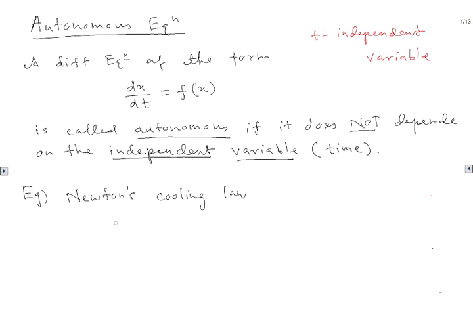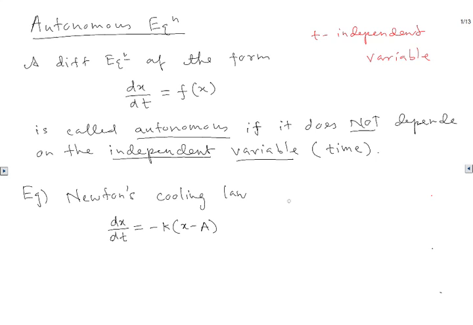We remember it was dx over dt equals, where x is the temperature, a constant k times x minus a, with a negative sign because the temperature goes down. Here a is the ambient temperature, or the outside temperature, and x is the temperature of the item that we use.